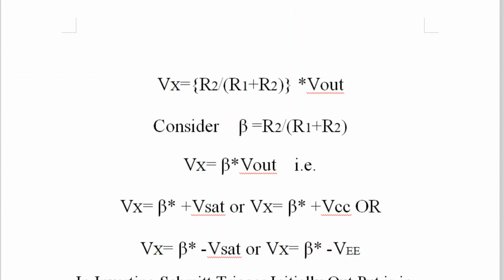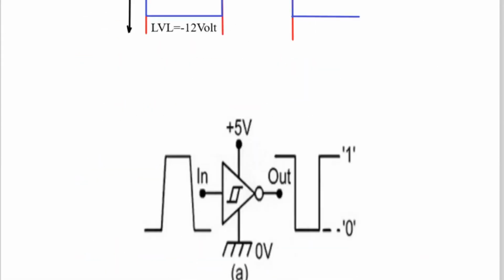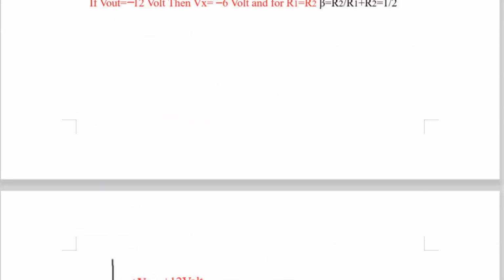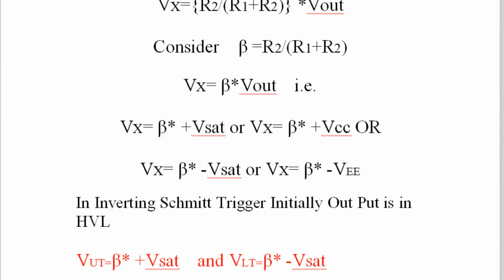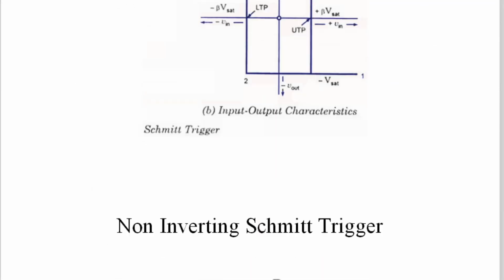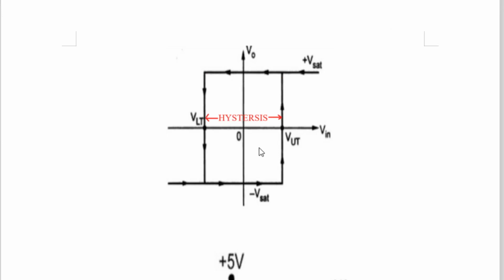See here, for example. This is hysteresis, a graph with voltage on the y-axis and also voltage on the x-axis. This is a very important thing in hysteresis, because normally we plot a graph of current on the y-axis and voltage on the x-axis, or voltage on the y-axis and time on the x-axis.